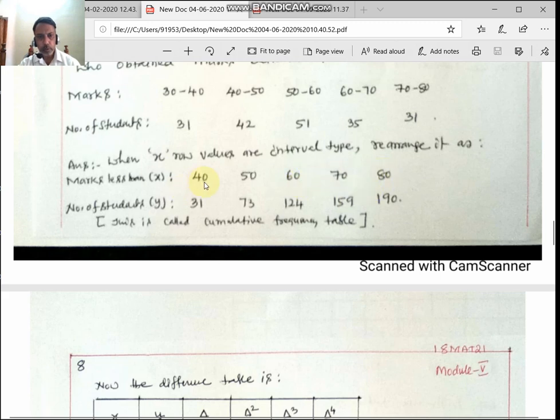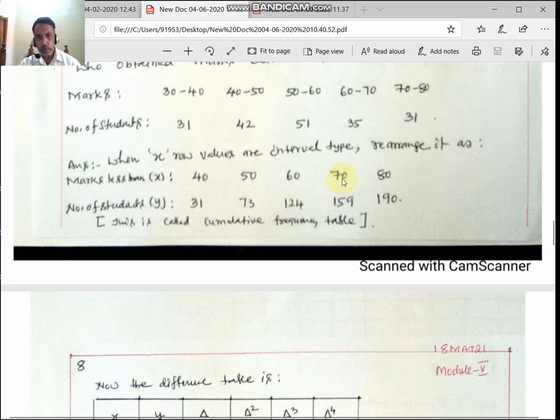The number of students who scored up to 40 marks is 31, and the number of students who scored up to 50 marks is 73. 73 comes from the addition of 42 plus 31. Similarly, the number of students who scored up to 60 marks is 124. 124 comes from the value 51 and its previous value 73.